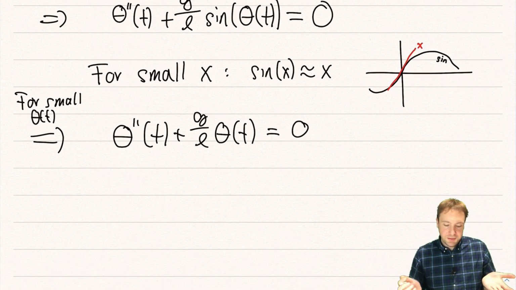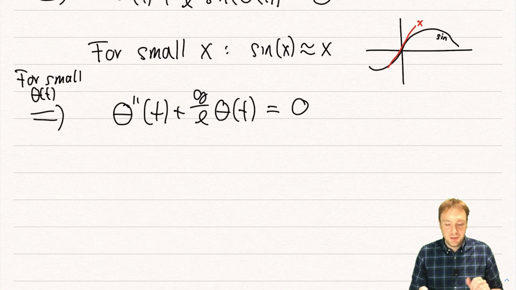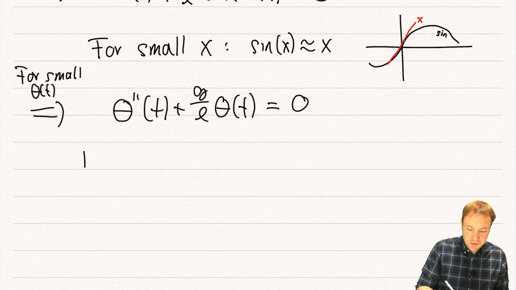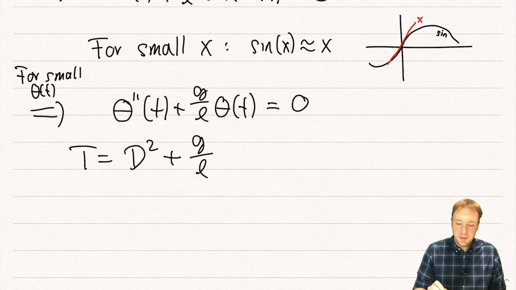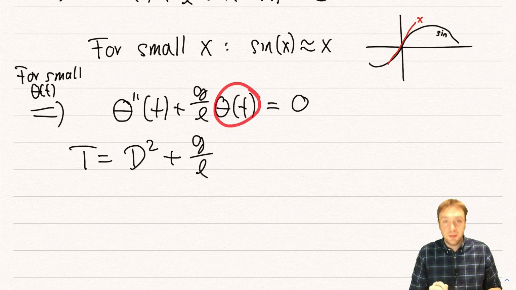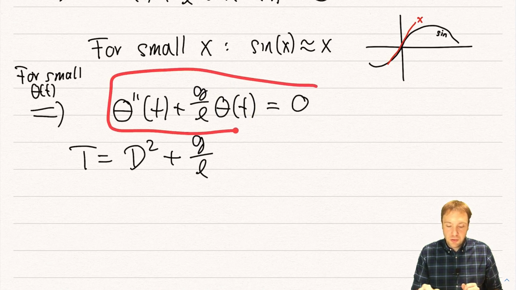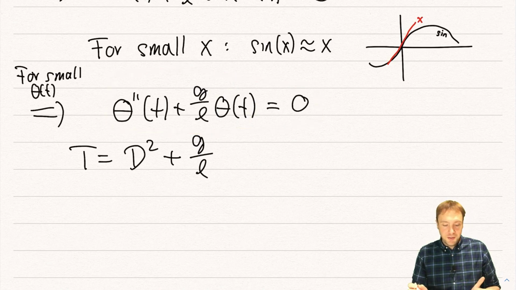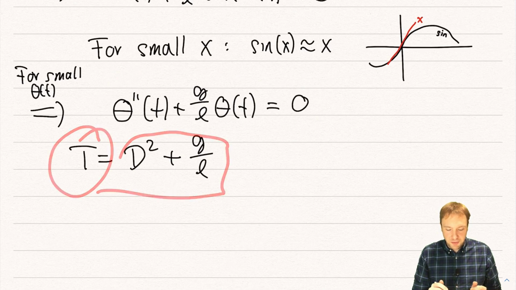And now we are in the situation where this is actually a linear differential equation with a linear differential operator T given by d squared, the second derivative, plus g over L, because here it's just the identity. And we are interested in the solution of this homogeneous equation. In other words, we are interested in the kernel of this linear differential operator.